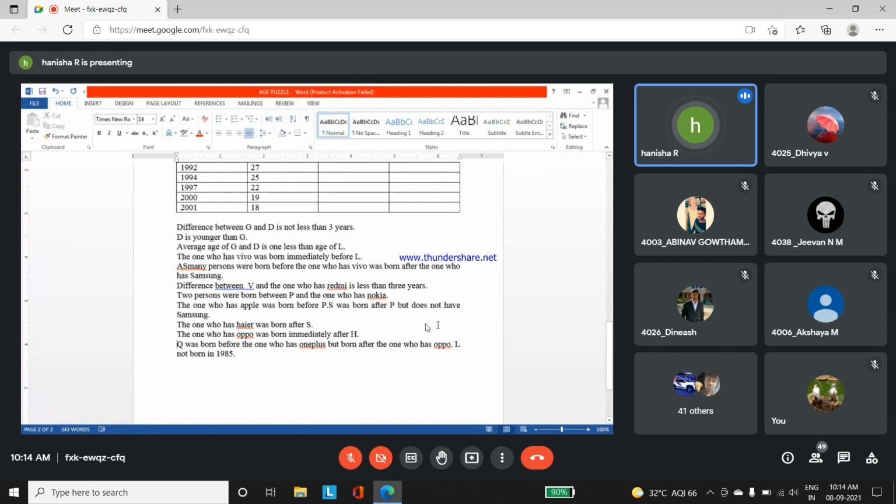And then after splitting the points, we are going to write the respective clues.